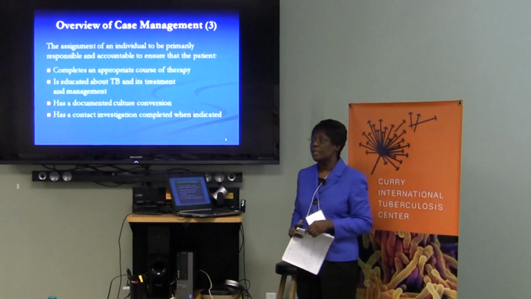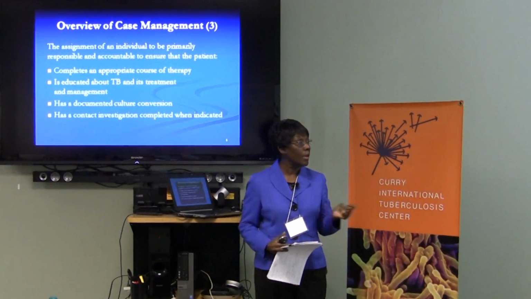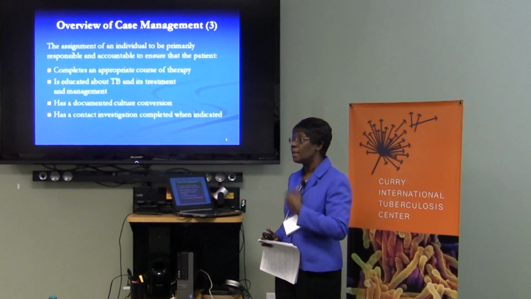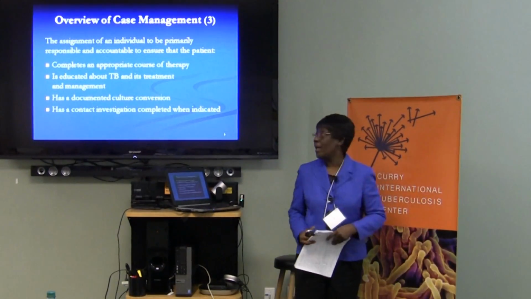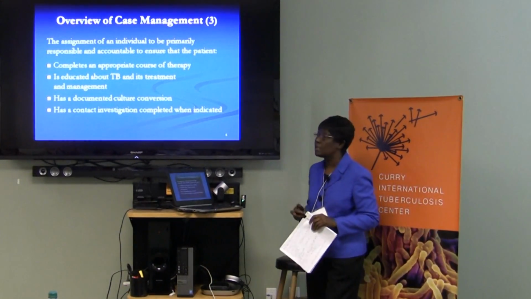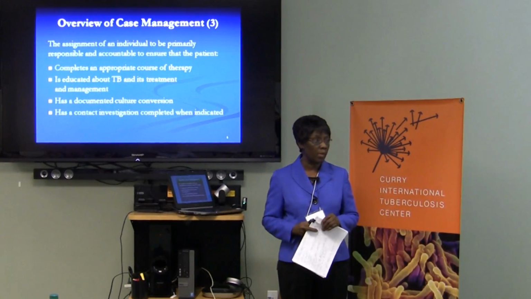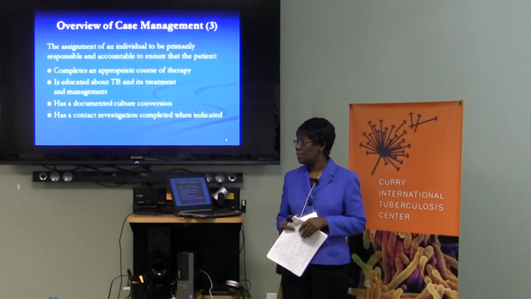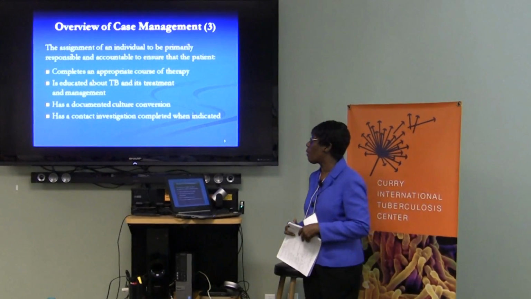So contact investigation is indicated when you have pulmonary disease or laryngeal TB as the 2 main types, right? They allow droplets to get into the air where someone else can inhale them. So that's why it says contact investigation when indicated. So if you clearly have no indication of pulmonary or laryngeal involvement, you don't always have to do a contact investigation. I know you have a session later on that, but know what your protocols are.